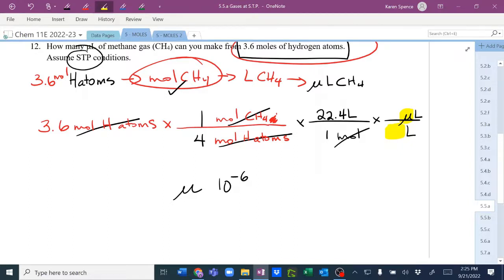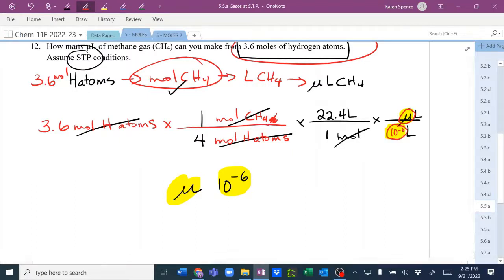But if you're using this, the 10 to the -6 actually replaces the micro. So up on the top, we have micro. On the bottom, instead of micro, we have 10 to the -6. Yes?